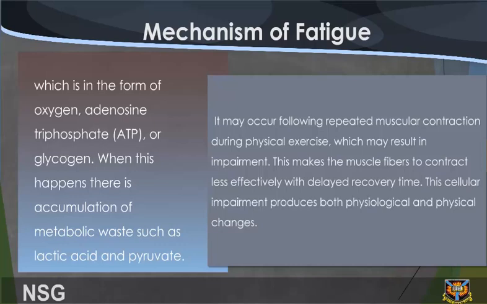It may occur following repeated muscular contraction during physical exercise, which may result in impairment. This makes the muscle fibers contract less effectively with delayed recovery time. This cellular impairment produces both physiological and physical changes.